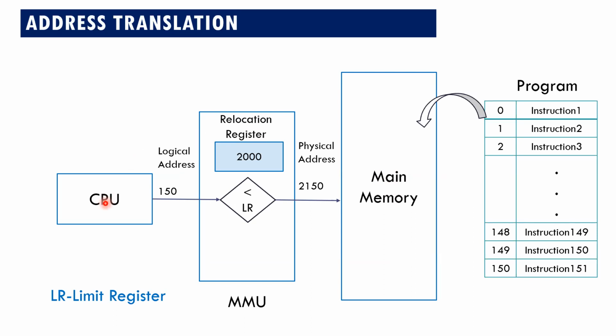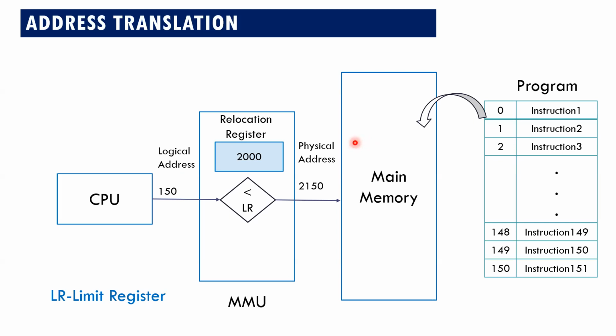Now let us consider how the logical address is converted into the physical address, which is called address translation. First of all, the CPU generates the logical address, consider it as 150 in this case, and the relocation register value is 2000. The relocation register is the starting address in the main memory where the program is loaded.